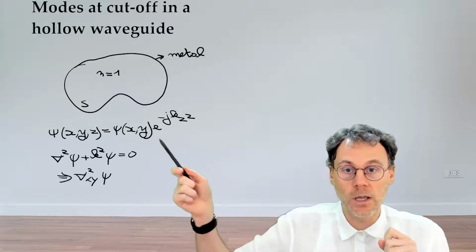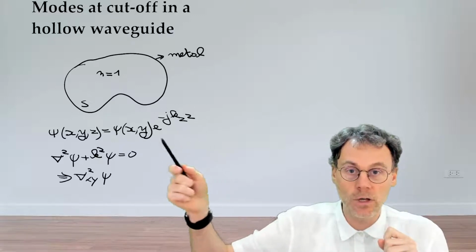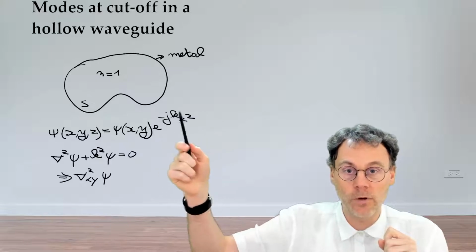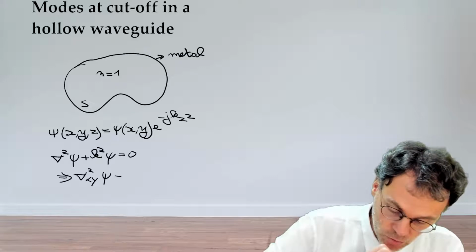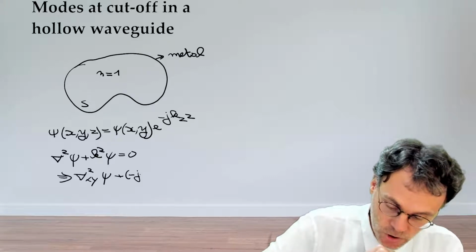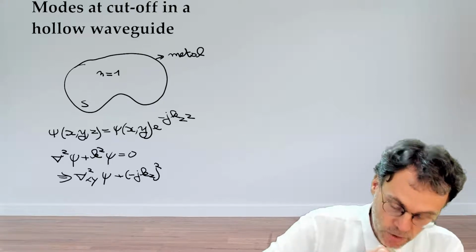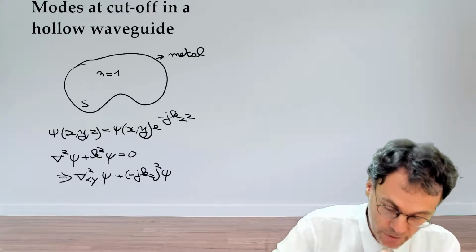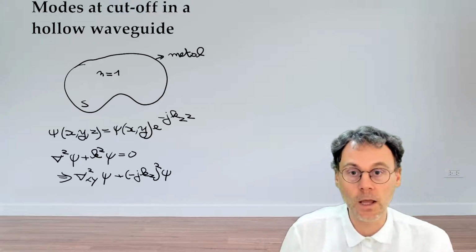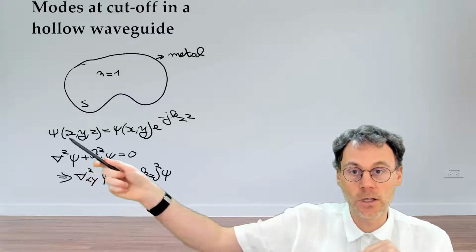Every time we take a derivative with respect to z, if you look at this form here, you will pick up an extra factor minus j kz. So we do that twice, so we have minus j kz squared. But apart from that, the form stays identical, so we still have a psi here. So this is what happens to the Laplacian.